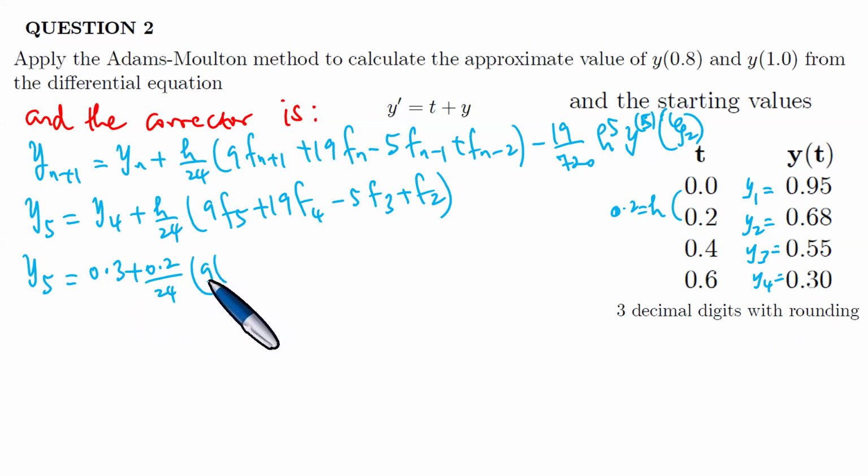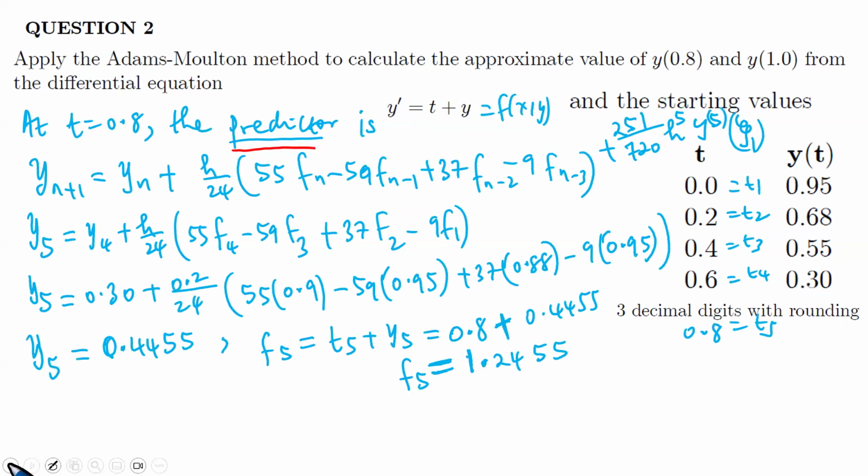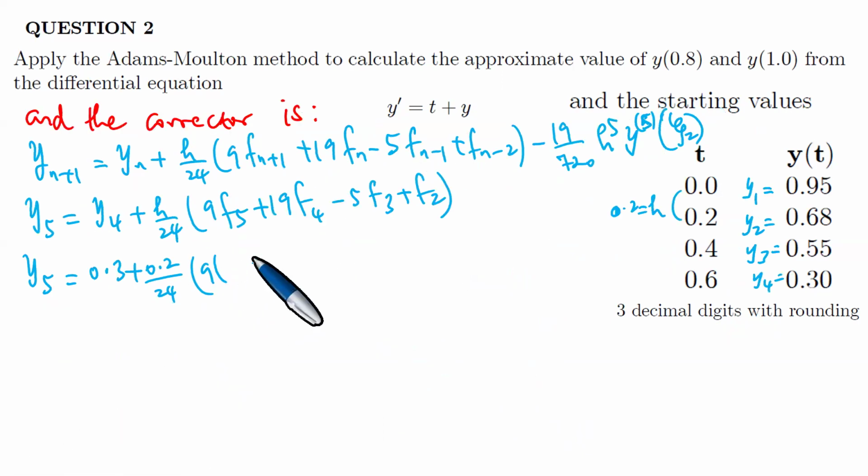What is F5? Check here. F5 is this one, 1.2455 from the predictor. What is F4?